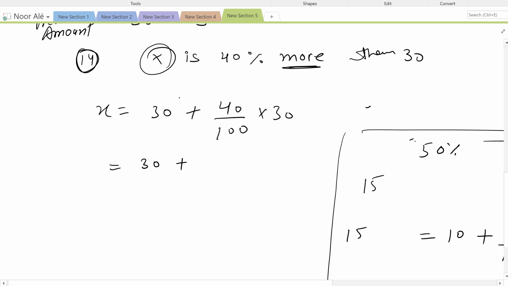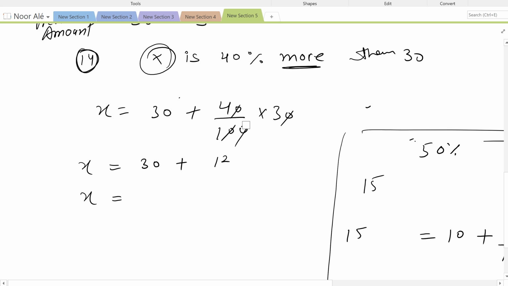Now we simplify the right-hand side. We have the zeros, cancel one of the zeros, and 3 times 40 is 120. 4 times 3 is 12, and 0 stays there. Or simply cancel out your zeros and you have 12.